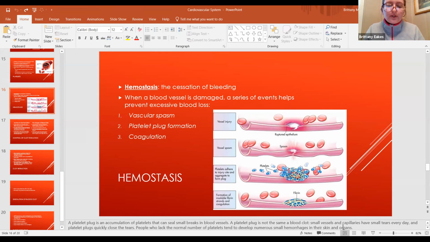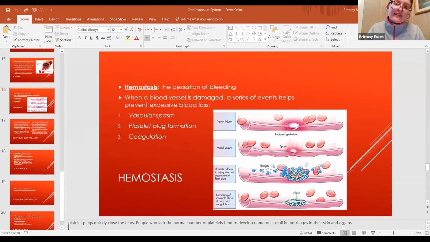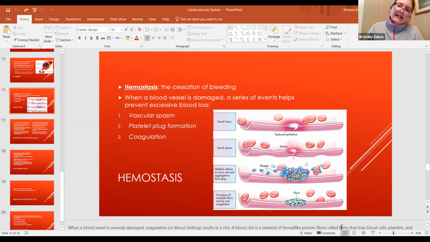People who lack the normal number of platelets tend to develop small hemorrhages in their skin and organs. As we age, we'll start to lose some of that. If you've ever seen some elderly people, they have the purpura, those purple bruises all over their arms, and those are hemorrhages, but it doesn't necessarily mean that their circulatory system isn't functioning. Sometimes as you age, you'll have those small hemorrhages because of the lack of platelets.